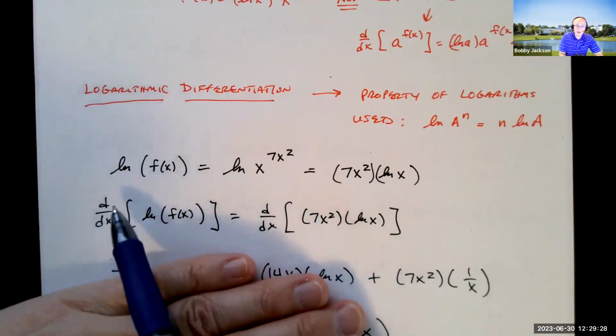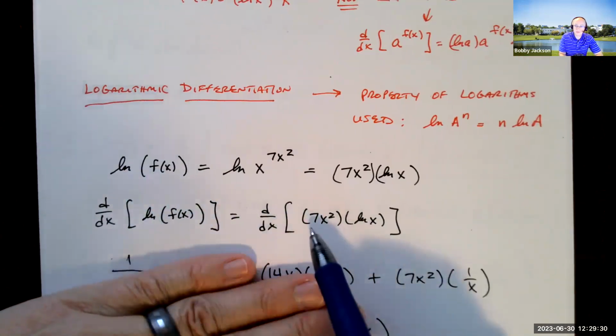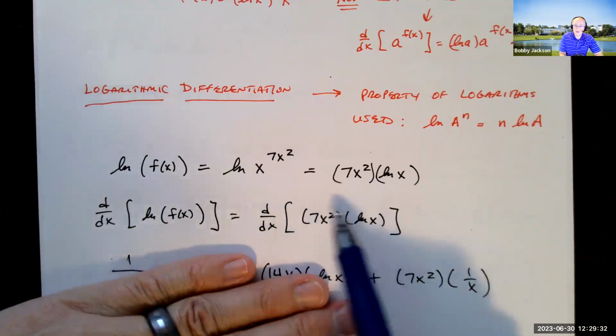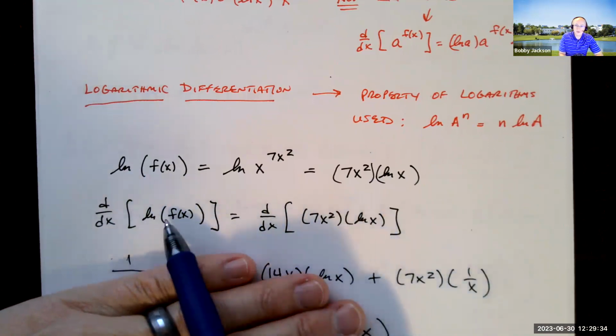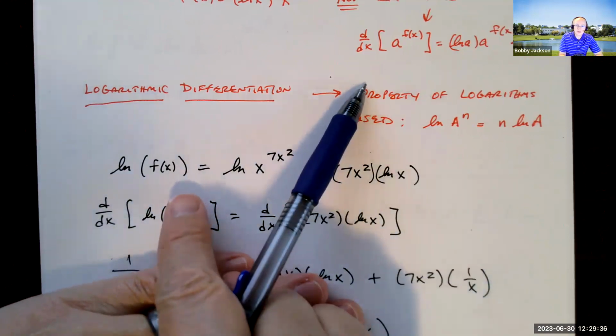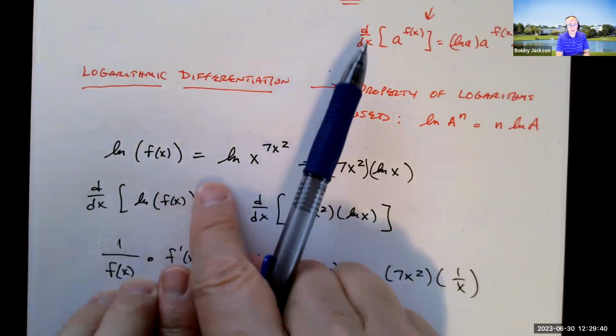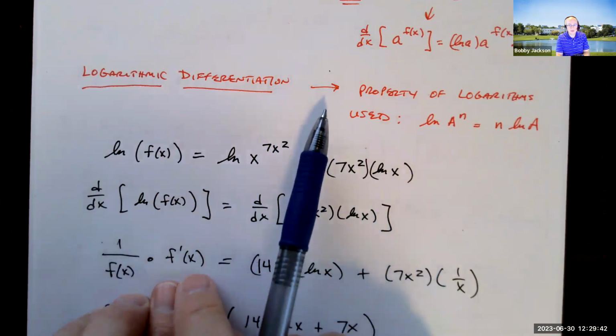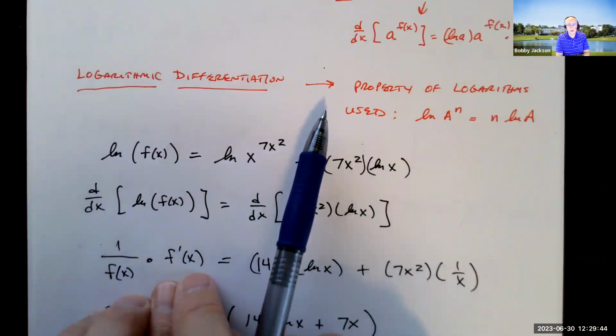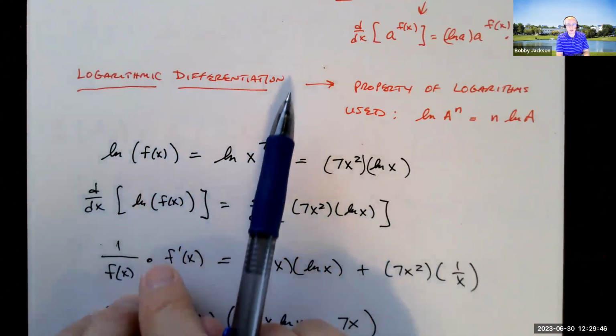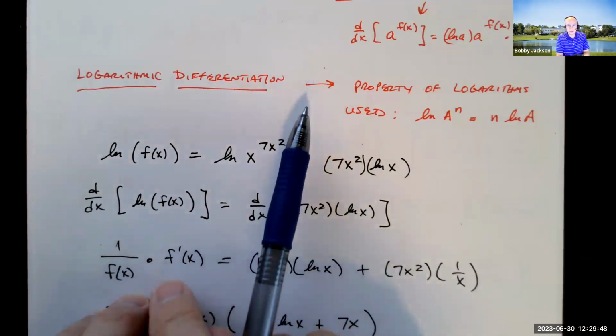Okay, so what we do now is we take the derivative with respect to x of both sides. As we said here, we're going to use the product rule. Here we've got a chain rule. So the outer function's natural log. What's the derivative of natural log? It's 1 over the inner function f of x times the derivative of the inner function. So when we're doing the logarithmic differentiation, this is always the case here.